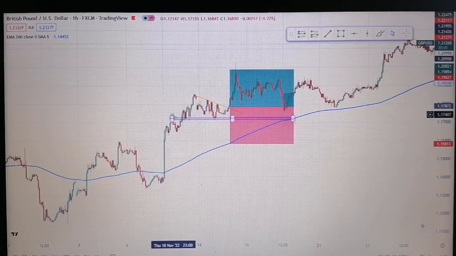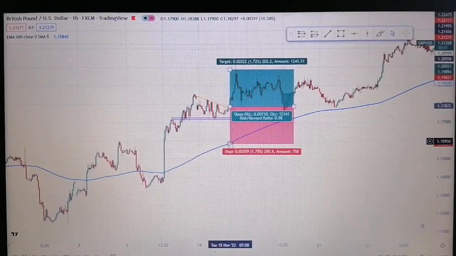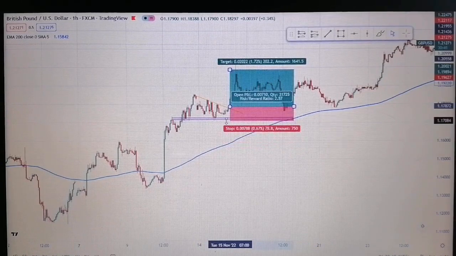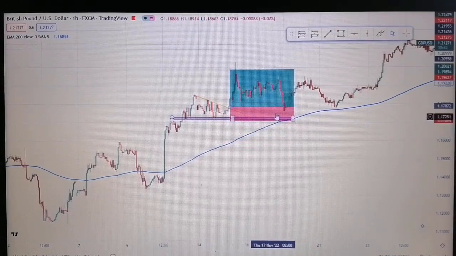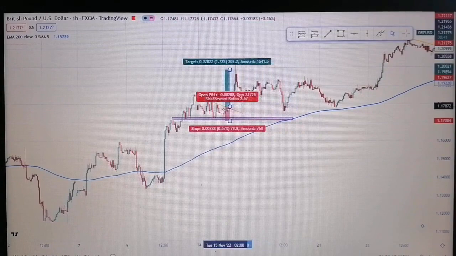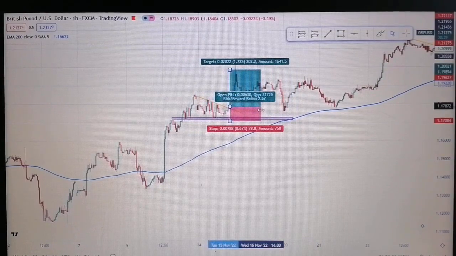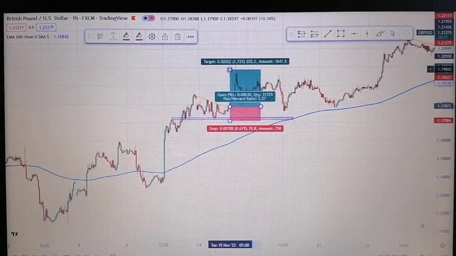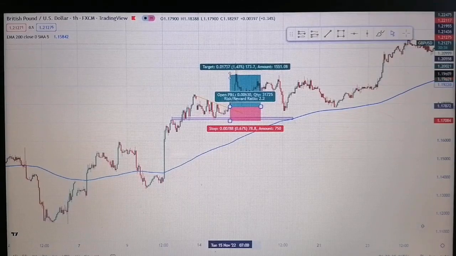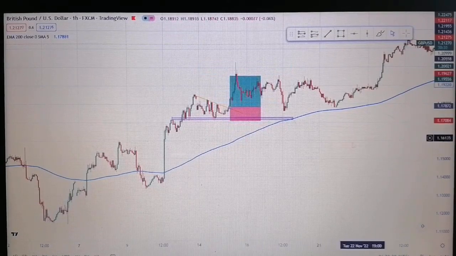For example, right here you have a key level. You would just put your stop loss right here. Simple as that. You would put your stop loss right here, and your risk to reward of 1:2, somewhere right there.